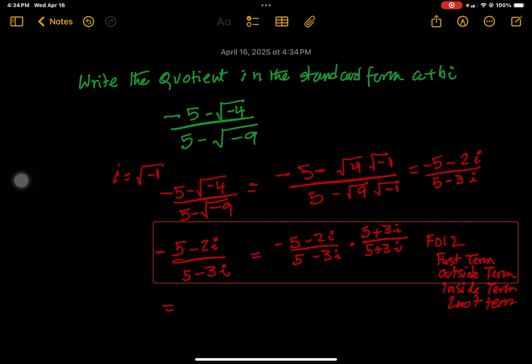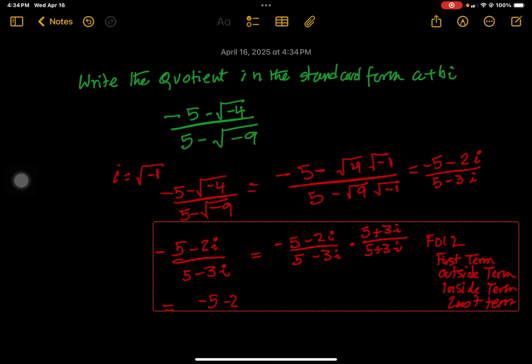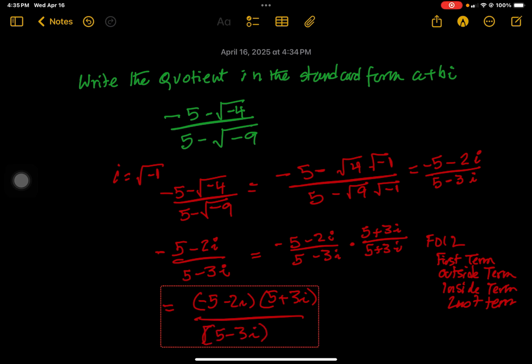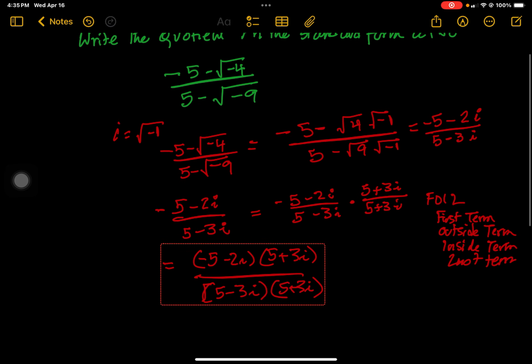So we are going to FOIL it. Let me write those two expressions which we are going to FOIL in the numerator, times 5 plus 3i. In the denominator we are going to FOIL 5 minus 3i times 5 plus 3i. Remember, 5 plus 3i is the conjugate of 5 minus 3i.